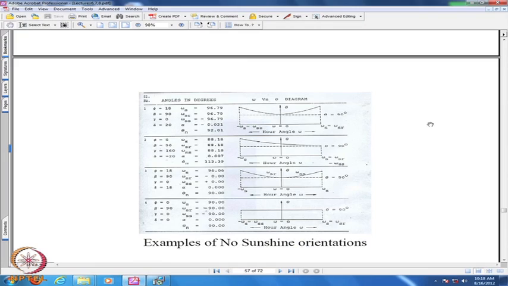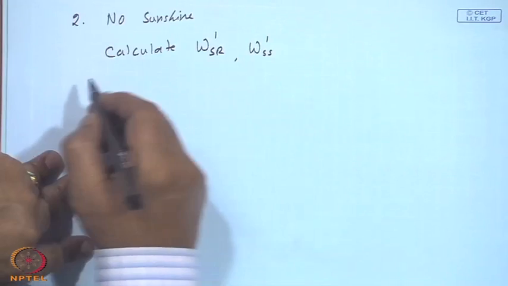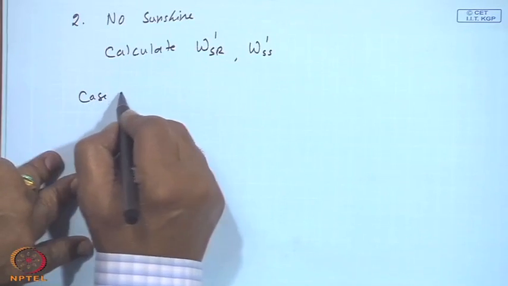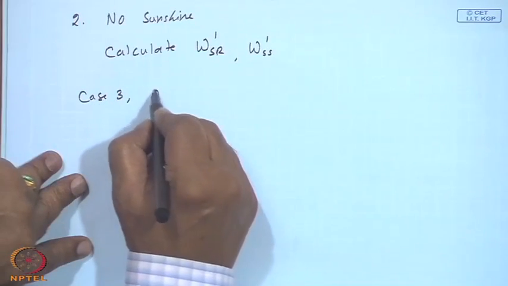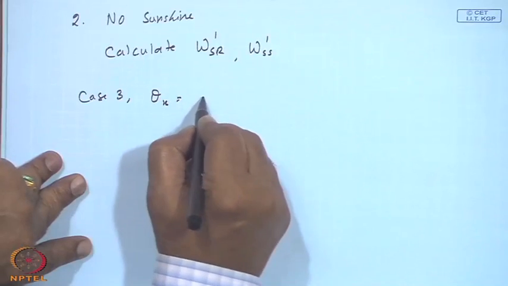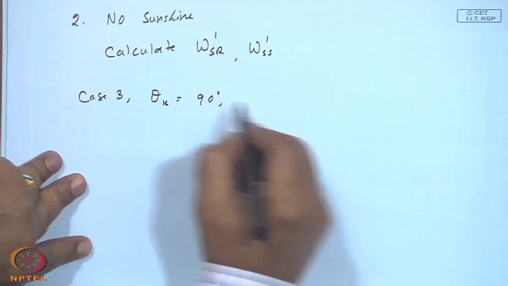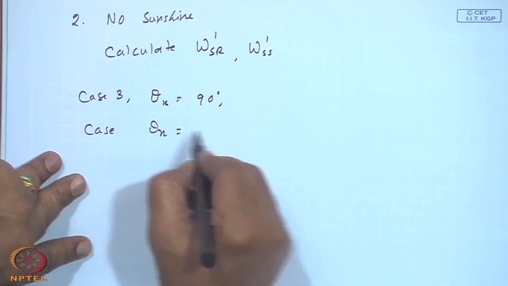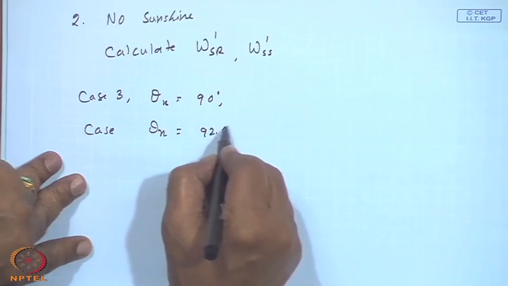This exactly looks like the previous case number 1. This is case 3. Theta at noon is exactly 90 degrees, whereas in case 1 theta at noon is 92.01.